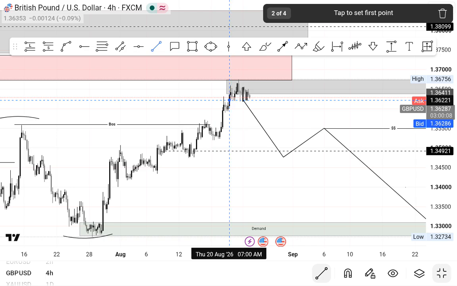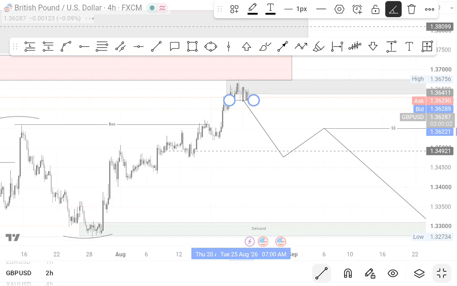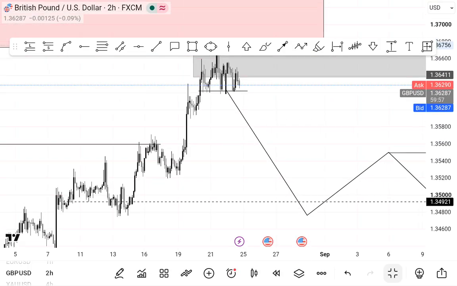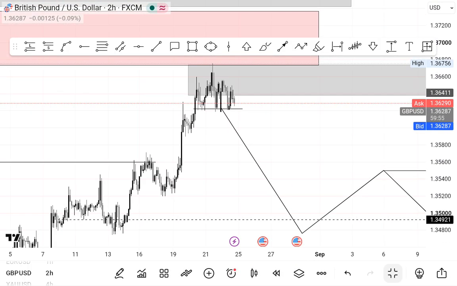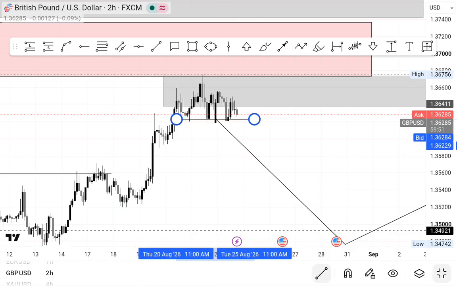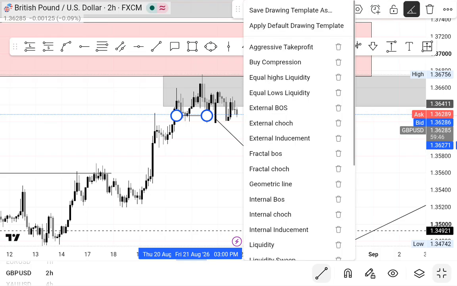Are we closing below the candlestick? Are we closing below here? Yeah, going to lower time frames, we might see that we closed.